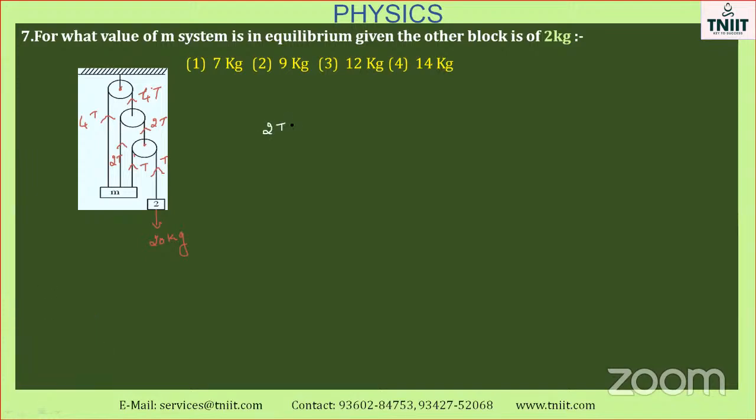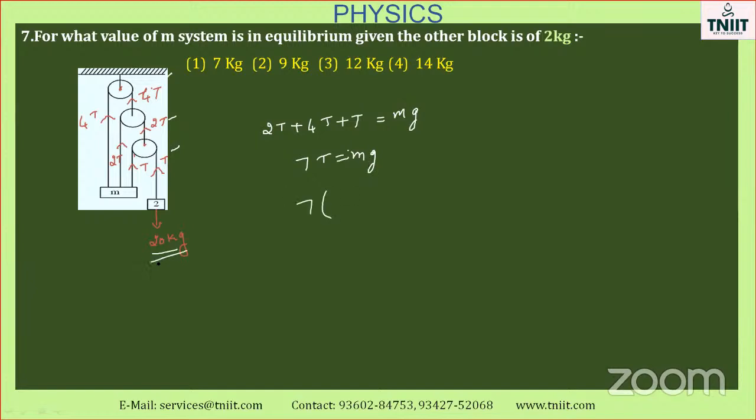So 2T plus 4T upward plus T. This T, 2T and 4T is upward. This total should be equal to what? mg. So this 7T is equal to mg. What is T you got?